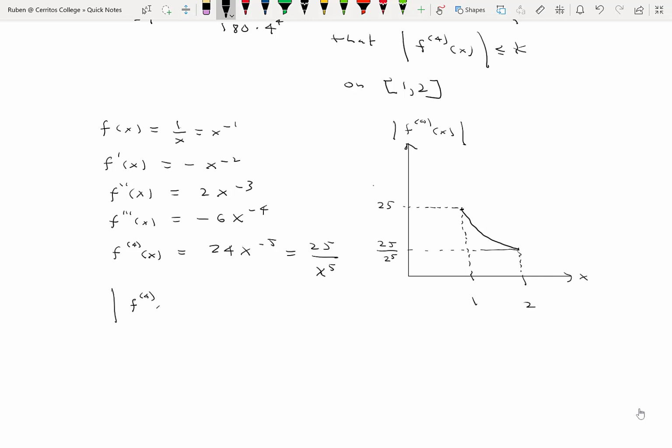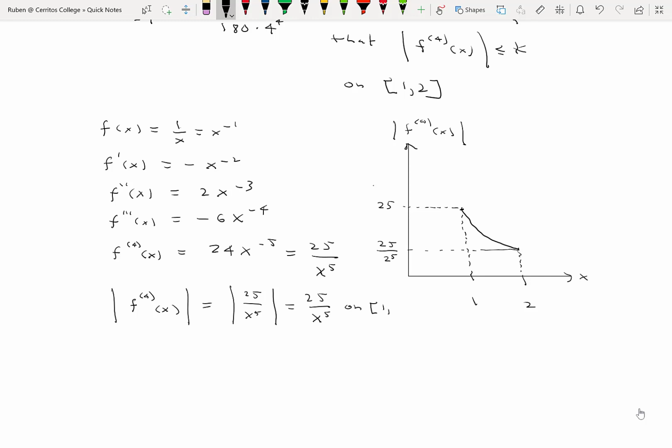In this case, there's no difference, but it's still a mistake not to consider the absolute value of your 4th derivative. Here's what I mean. The absolute value of the 4th derivative is the absolute value of 25 over x to the 5th, but that's just 25 over x to the 5th because the interval over which we're integrating is a set of positive numbers.